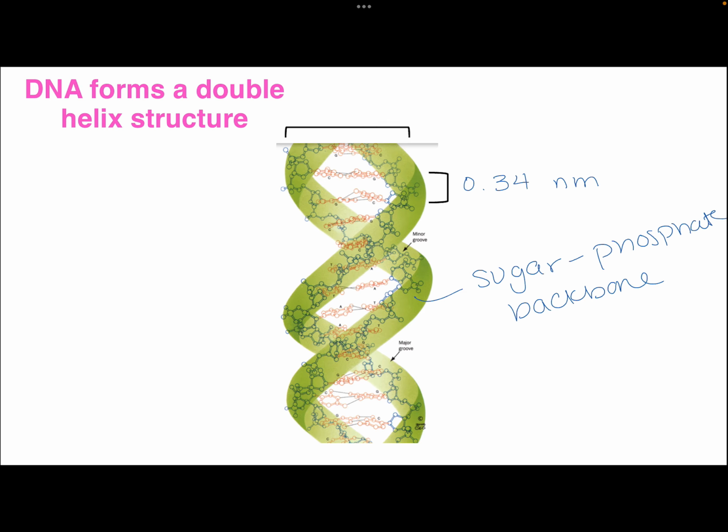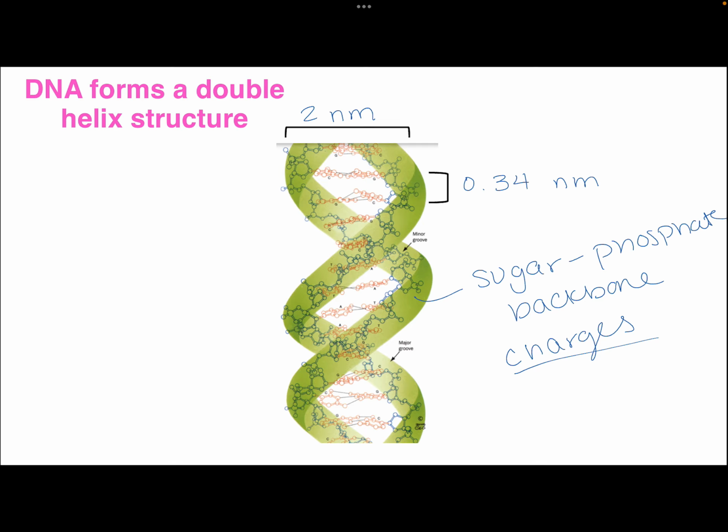So the sugar and the phosphate groups point out away from the center of the helix. And this should make sense from a charge repulsion point of view, because if we tried to put all those phosphate groups in the middle of the helix, we're going to have a lot of charge repulsion. So by putting them on the outside, we're really minimizing that and helping to keep the DNA structure as stable as possible. And this whole molecule has a diameter of 2 nanometers.